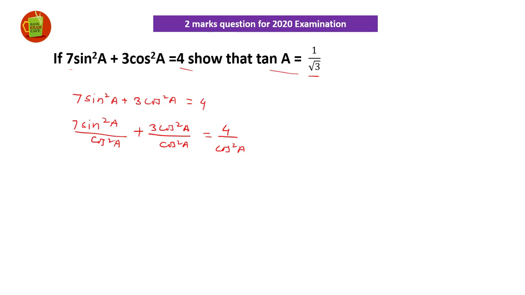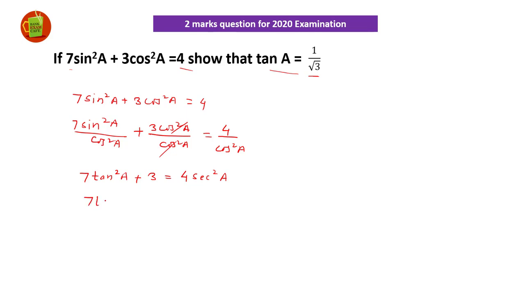Here sine square a upon cos square a is tan square a. So this is 7 tan square a plus, this cos square a will get cancelled and it will be 3, which is equal to 4 times 1 upon cos square a, that is sec square a. Now this sec square a can be written as 1 plus tan square a.